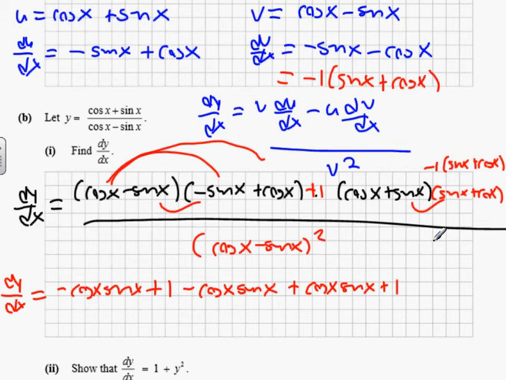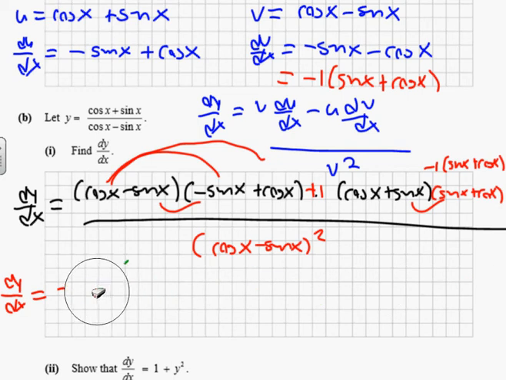Okay, and then we're going to have plus sine x cos x, or cos x sine x. Now the interesting thing to know here is minus cos x sine x cancels with that one. This one here will cancel with that one there. So this whole top line basically becomes the number 2. Okay, so equals 2 over cos x minus sine x squared.